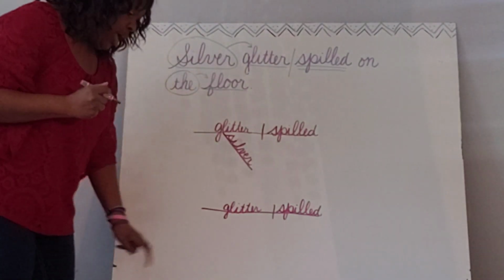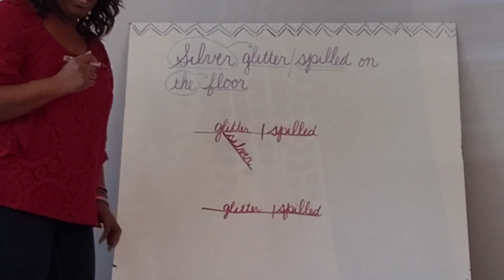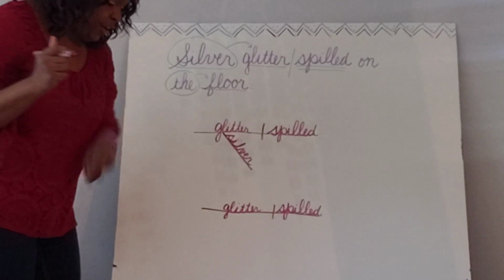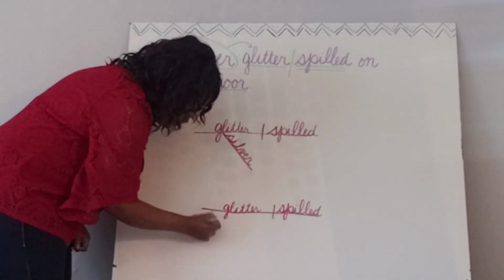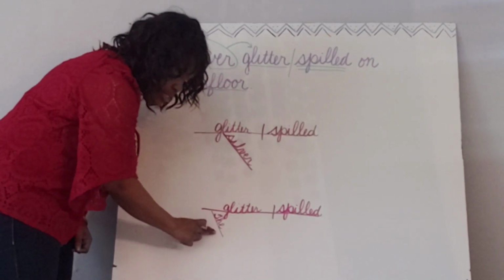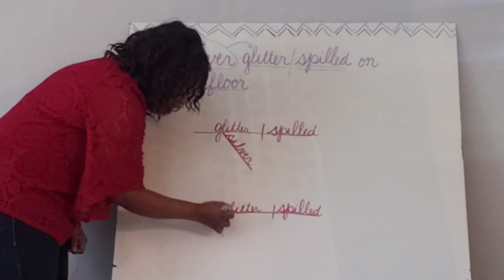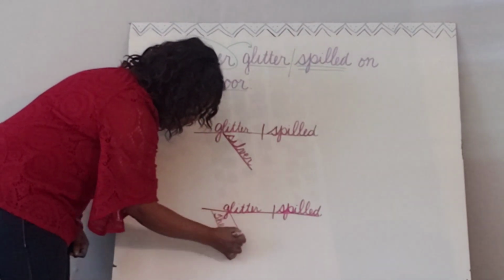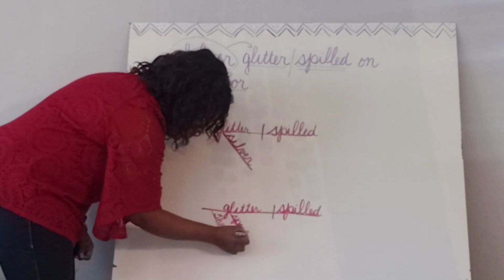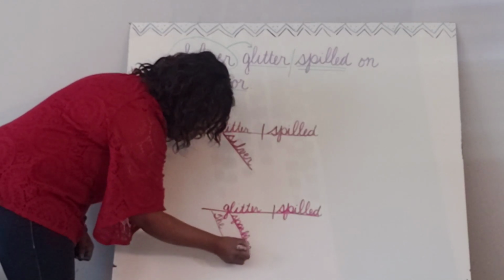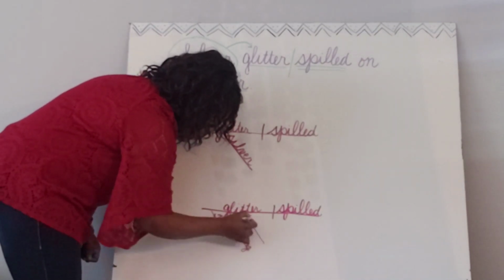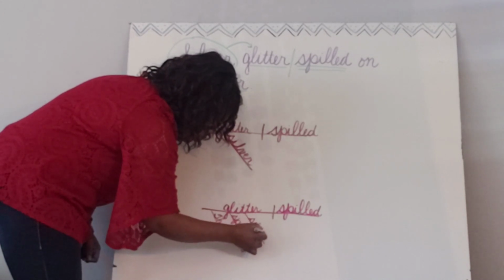But then, if it was the sparkling silver glitter, what are the adjectives in that? Don't forget the very first word, the, is always an adjective. So we would still write a capital T because it's the beginning. Then sparkling would be on a second line, slanted, they're always slanted. And then silver would be on the third line.